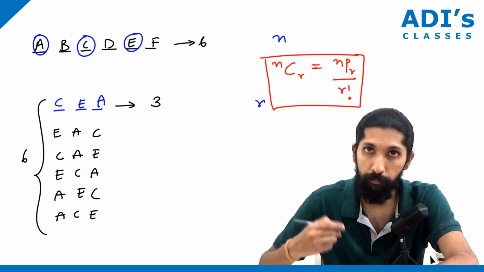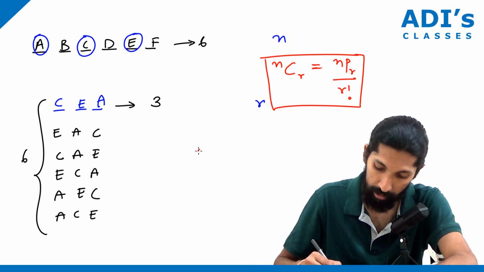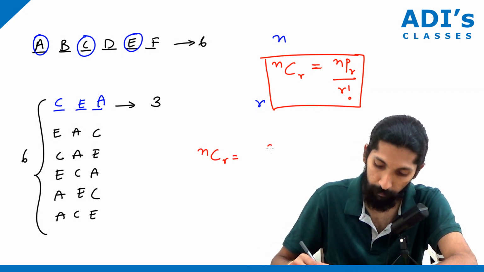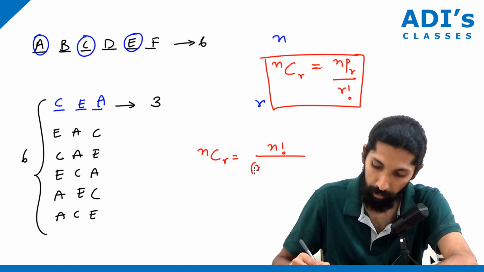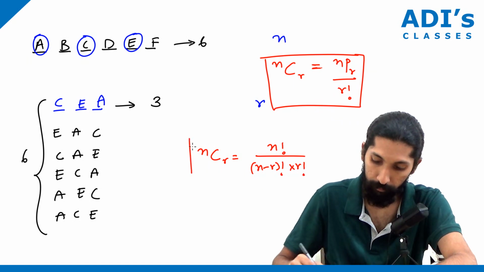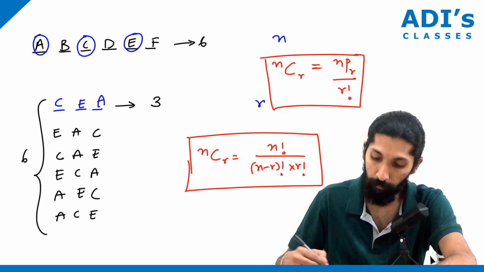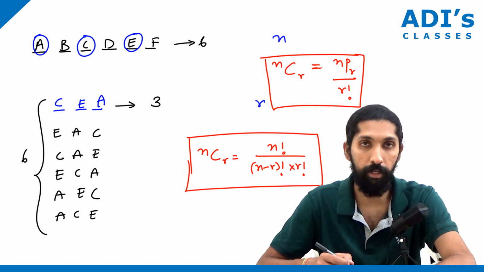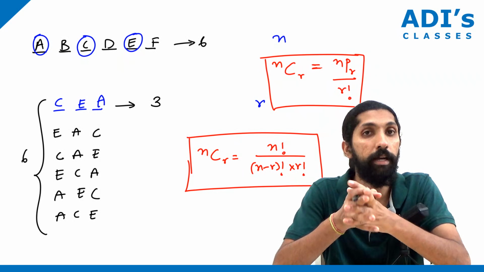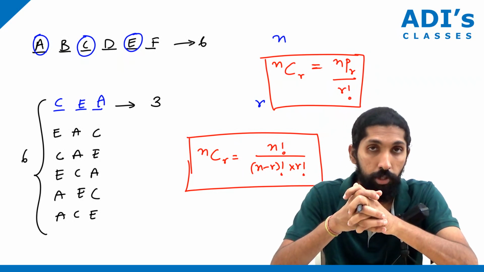If you expand it, nCr becomes n factorial divided by (n minus r) factorial into r factorial. This is the formula for nCr. So this is the theory behind nCr, or combination.